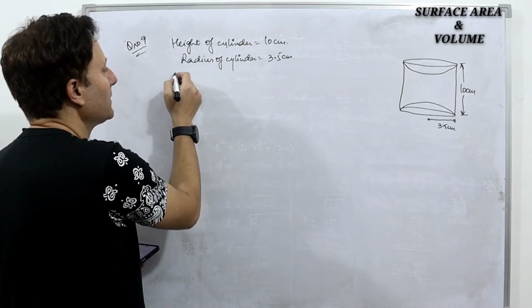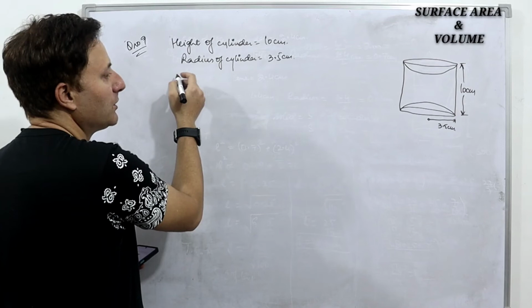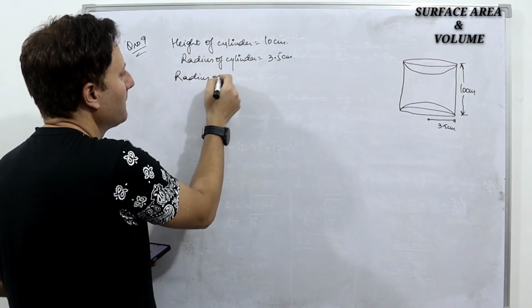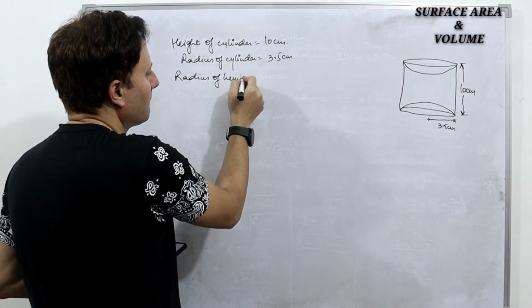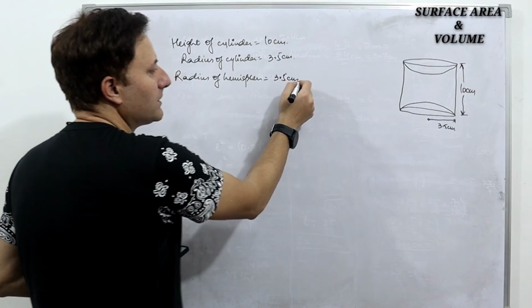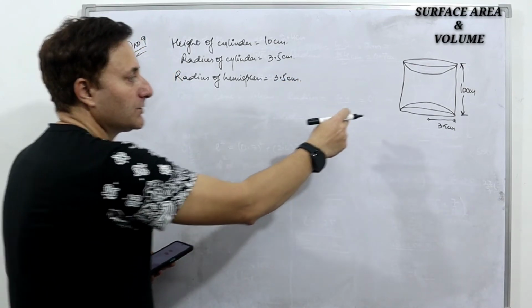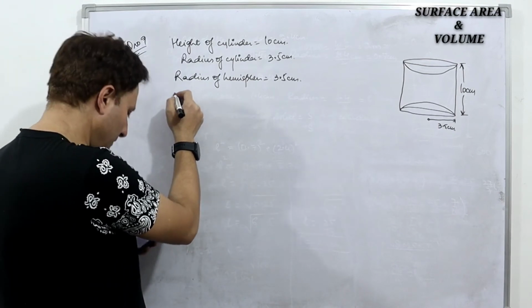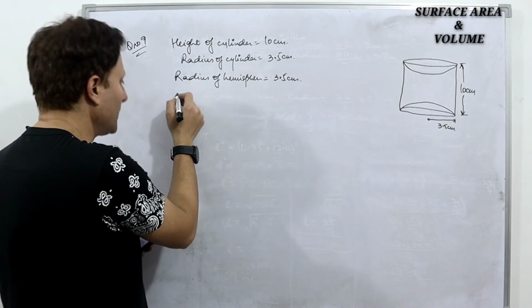We have the hemispheres, two hemispheres by the way. So the radius of hemisphere will be obviously again 3.5 centimeter, because the hemisphere is scooped out of it, so obviously it will be same. So what are we trying to find? We are trying to find total surface area.